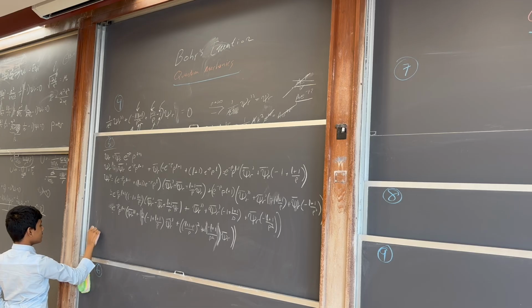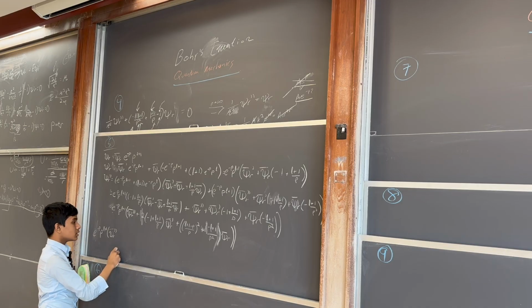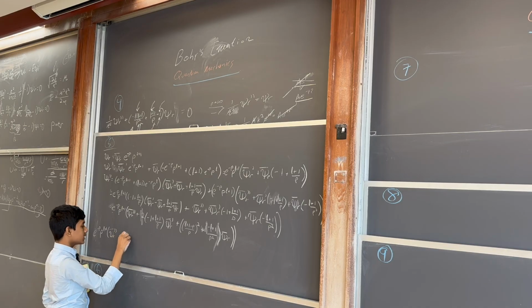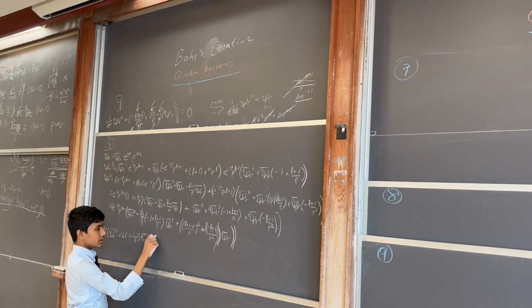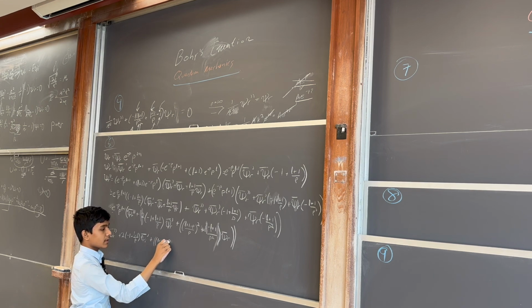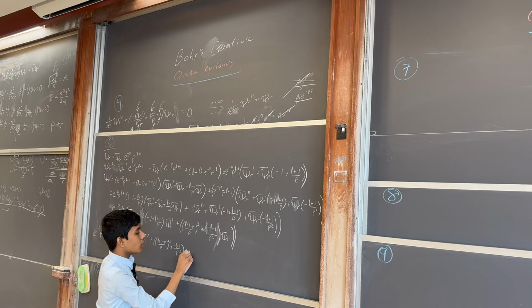This becomes e to the minus rho, rho to the l plus 1, psi r overline double prime, plus 2 times minus 1 plus l plus 1 over rho, psi r overline prime, plus l plus 1 minus rho over rho squared, plus minus l plus 1 over rho squared, psi r overline.